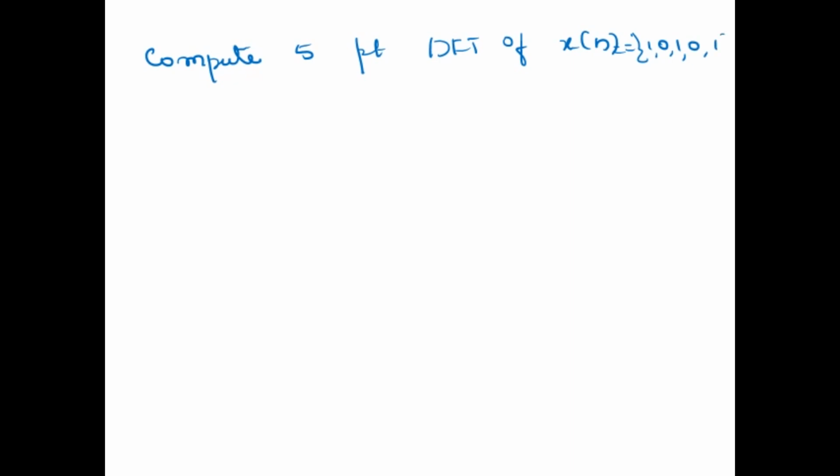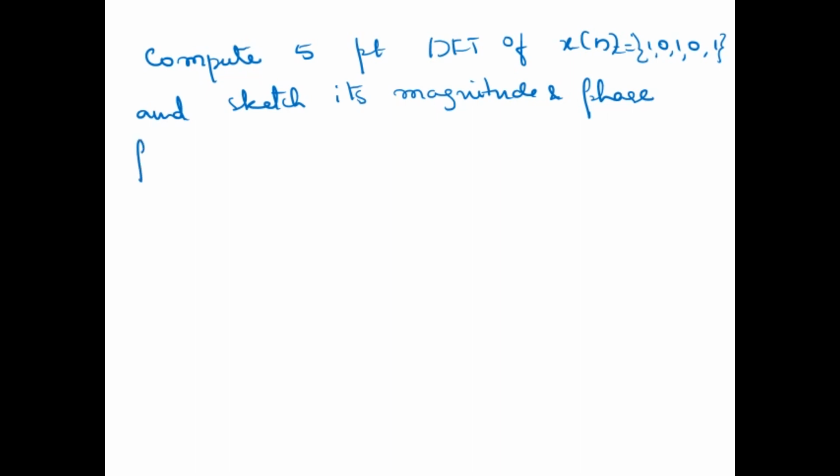Next problem. Compute the 5-point DFT of x of n is equal to 1, 0, 1, 0, 1 and sketch its magnitude and phase plot.